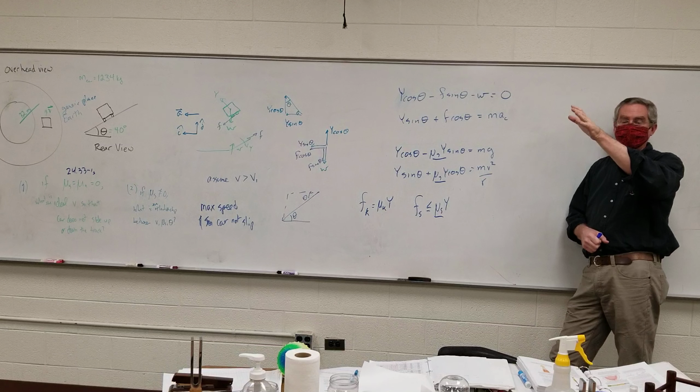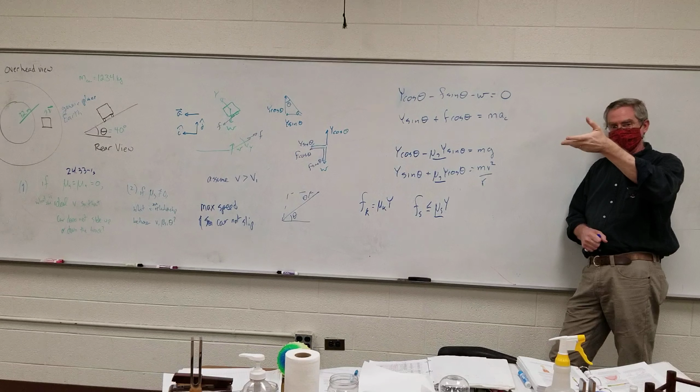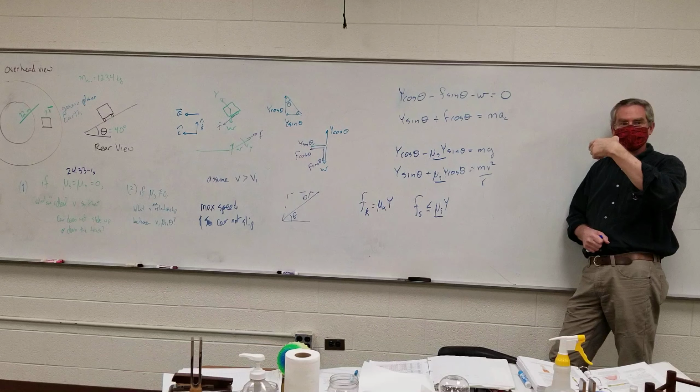If it doesn't physically make sense, that means we did not exceed the maximum static friction, so it's still not moving. If we got a positive acceleration in that scenario I just set up, that means it is going to slide, therefore we use kinetic. Does that answer your question?